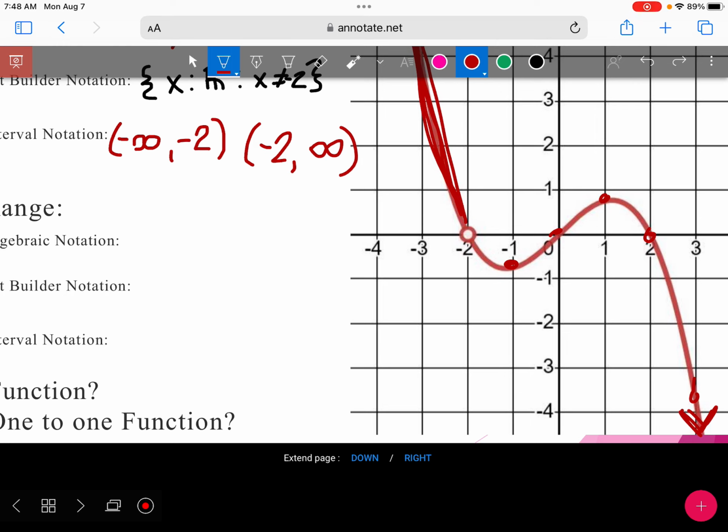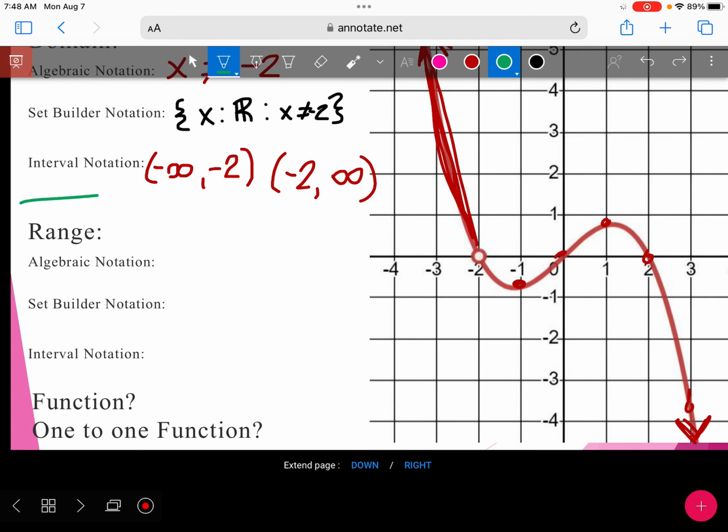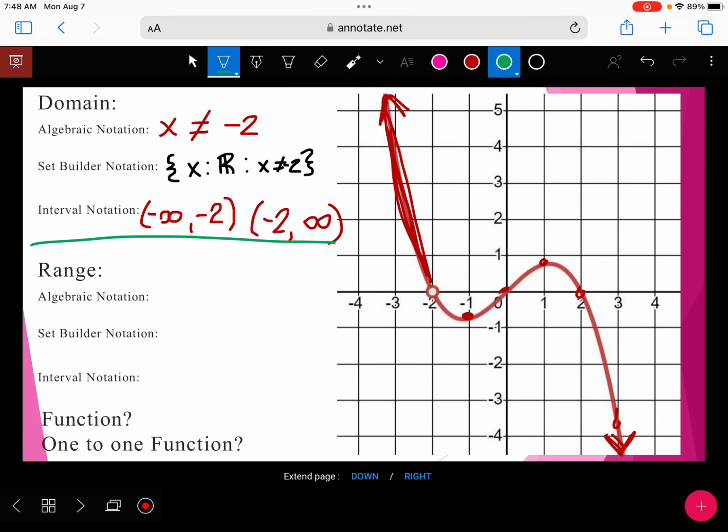All right. So then we're going to do our range. What do we see about our range? What y values do we get? 5 works. 4 works. 3 works. 2 works. 1 works. Does 0 work? Do we have any time that we'll get a value of 0 as my y? Let's say I'll use my stick.